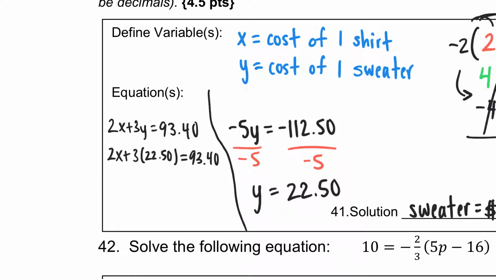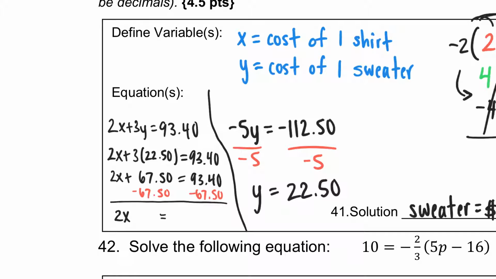And then we're just going to solve for x here. All right, so 2x plus, 3 times 22.50 is 67.50, and that's equal to 93.40. I would subtract 67.50 from both sides. And then what do we get here? We get 2x is equal to 93.40 minus 67.50, which is 25.90.